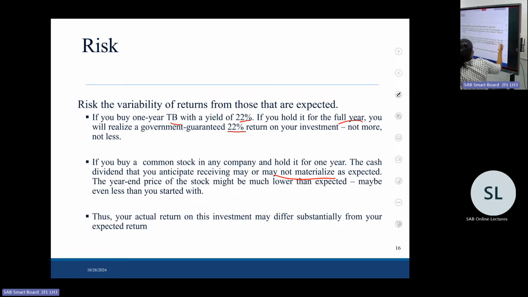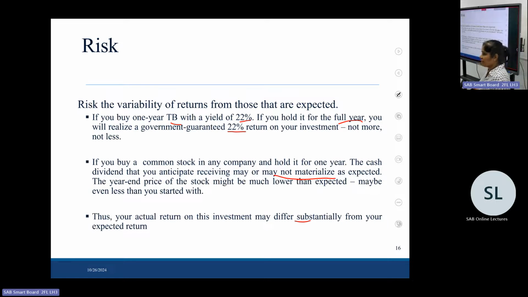So it may not materialize as expected. So that is the risk. Also, the price of the stock might be lower than expected, maybe even less than you started with. So the actual return on this investment may differ substantially from your expected return. That is what we call risk.